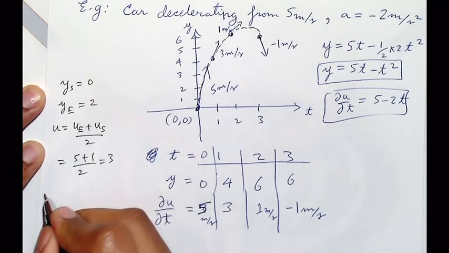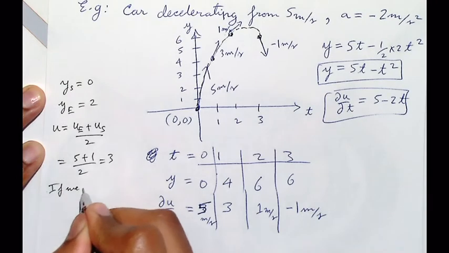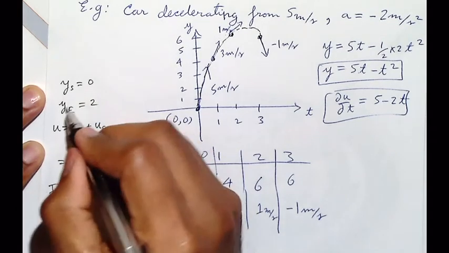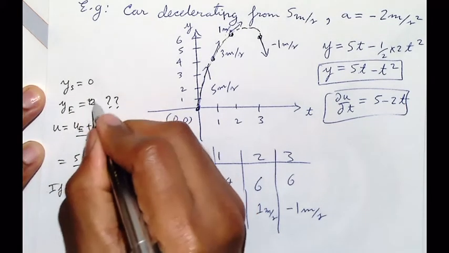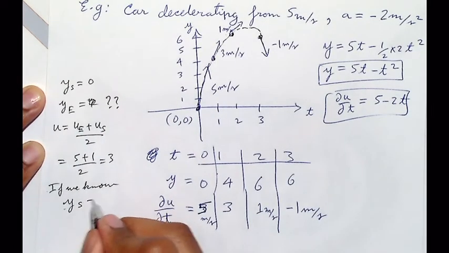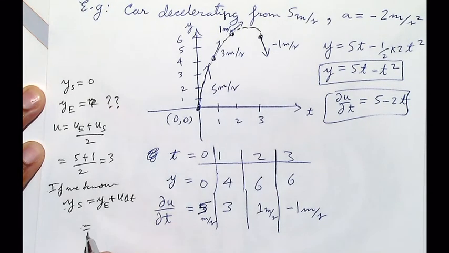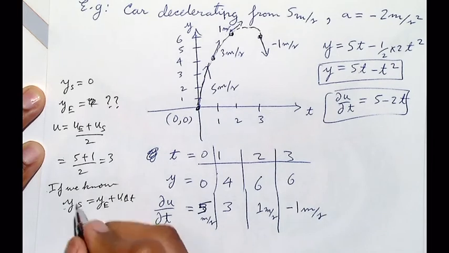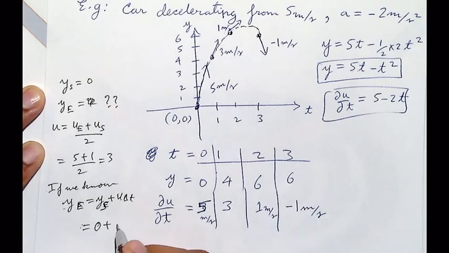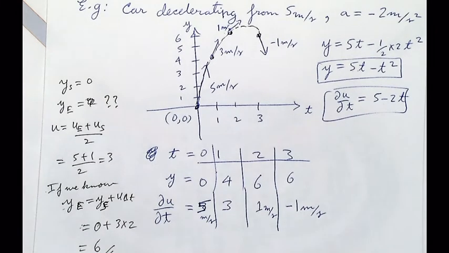And then we say if we know y start, y end is not known, that's what we're trying to find. Y end is y start plus u delta t, which is 0 plus 3 times 2, which is 6. Okay, so we have got the exact answer.